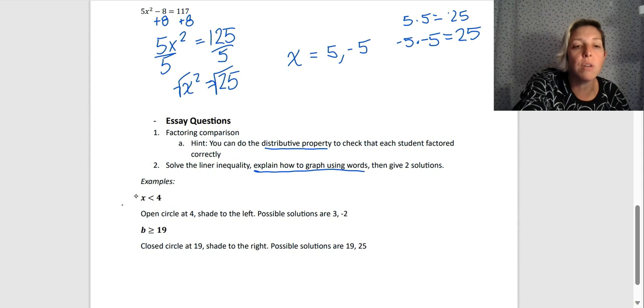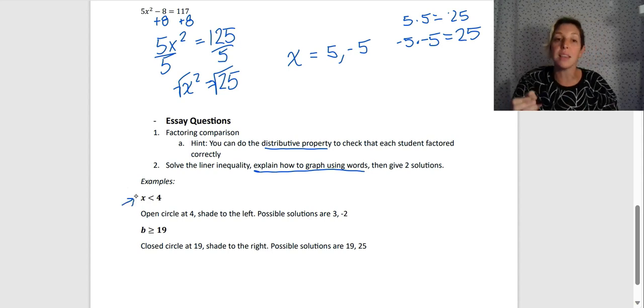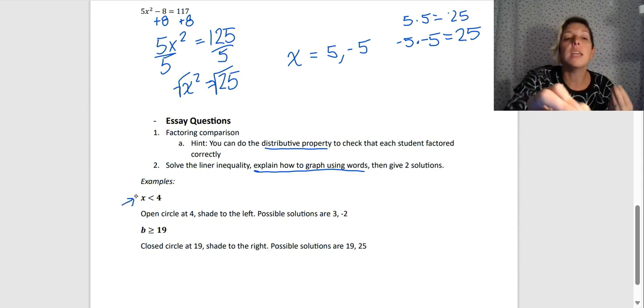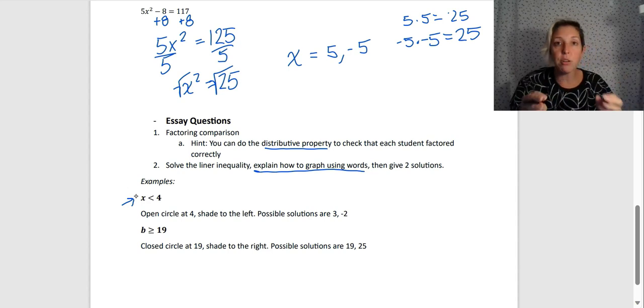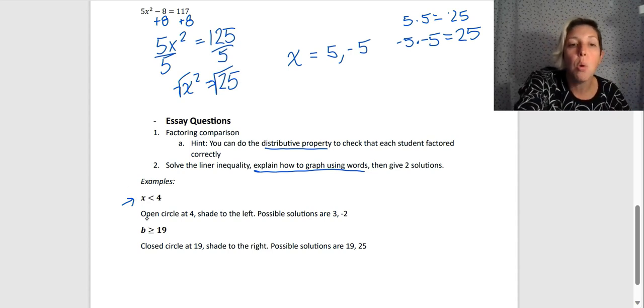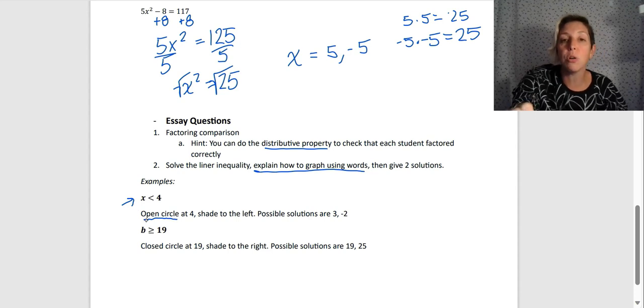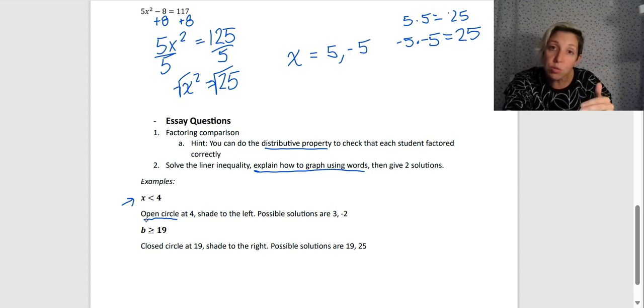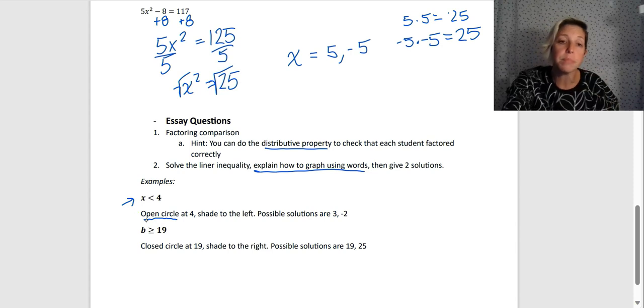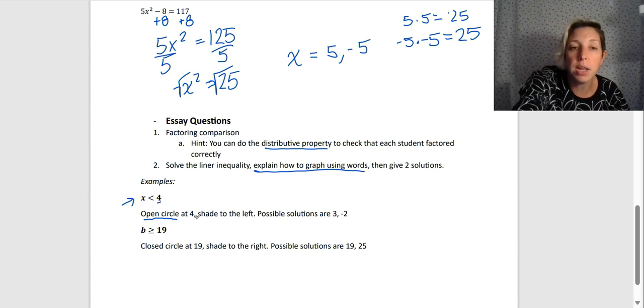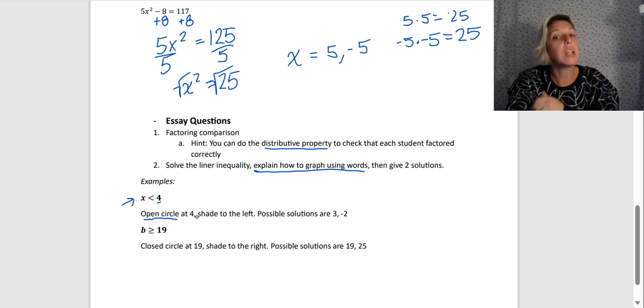So let's say you solve the inequality and you get x is less than 4. The words typed out, how you would describe how to graph that, would be an open circle. It's an open circle because there's no equal to sign under your inequality. At 4, that's our answer. And then you would shade to the left.